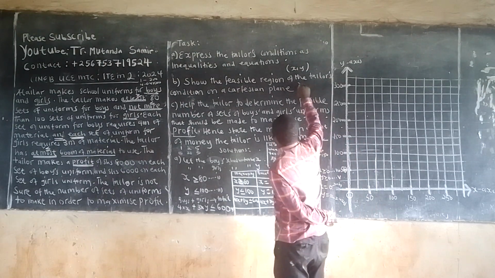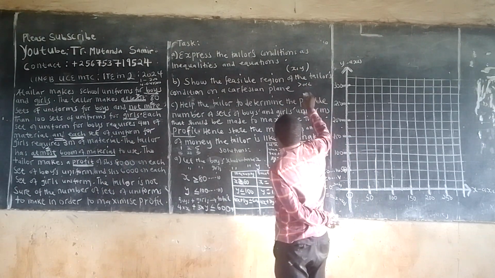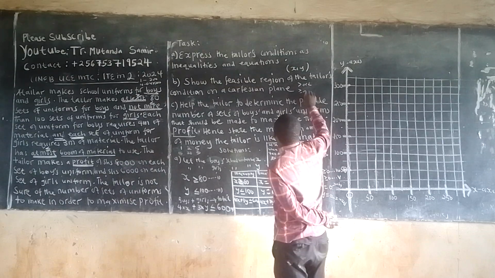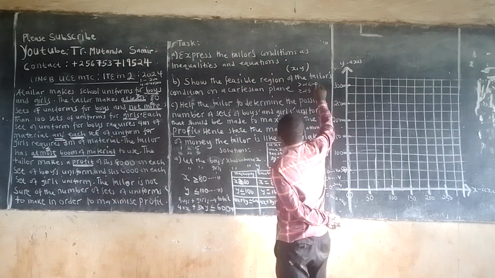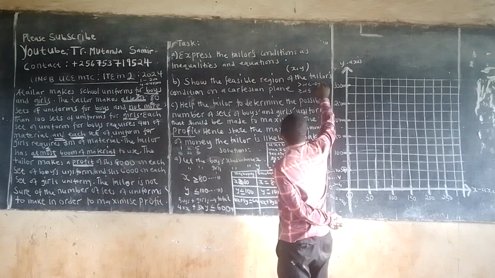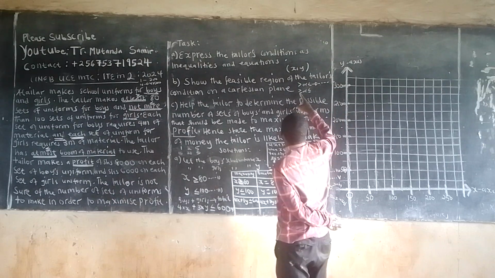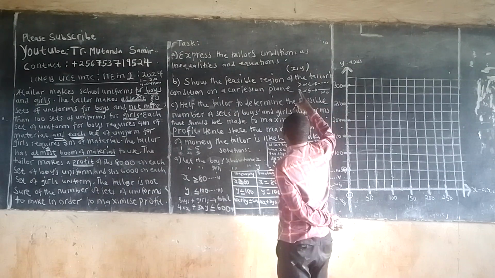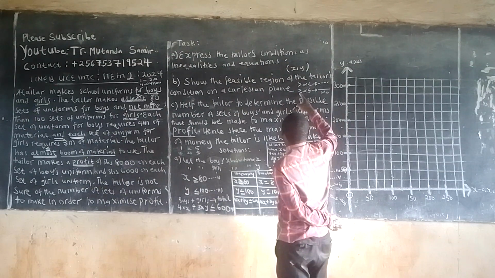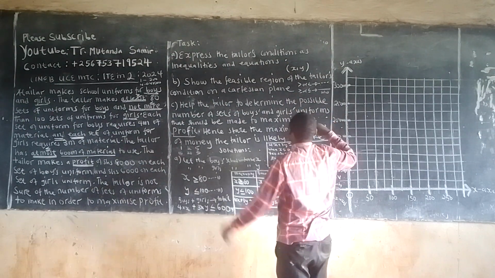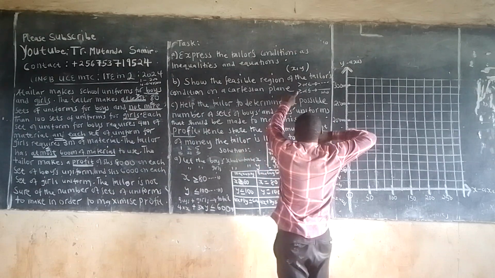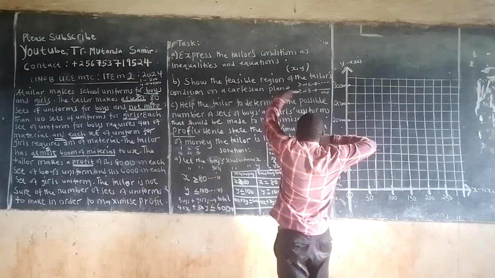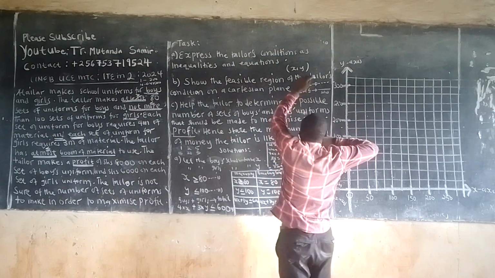Whenever I have this, or this, if it has this and this, the lines will be dotted. If it has this and this, the lines will be solid like that. Why? Once it has greater than or equal, less than or equal, like for example, this is greater than or equal. Once it has that or equal, then it is solid.